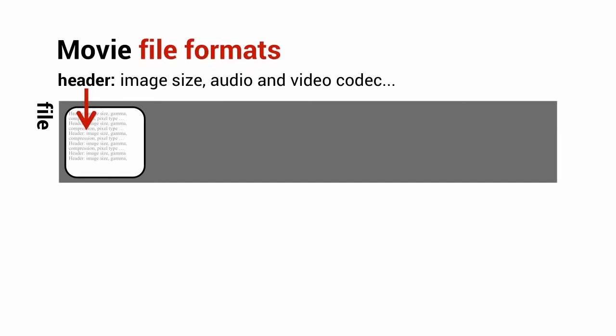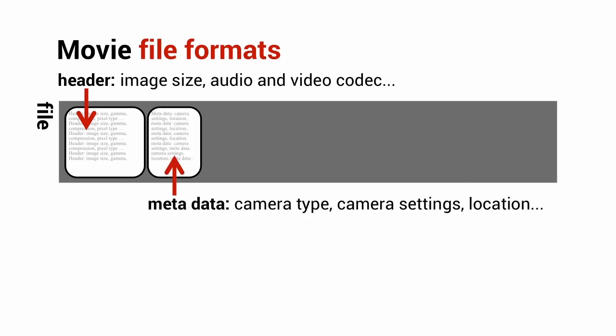Oftentimes we refer to what's called a video codec, and that is shorthand for the compression algorithm that's applied to the image frames within the movie. And there's also an audio codec, which is the algorithm which compresses the audio information. There's also some metadata associated with the movie. It might have the type of camera, the camera settings, and again the location at which the movie was taken.